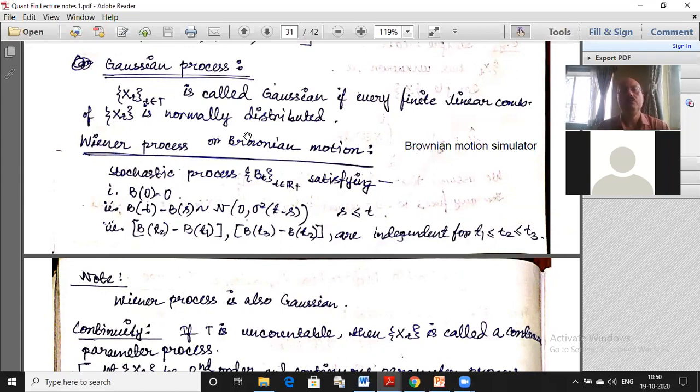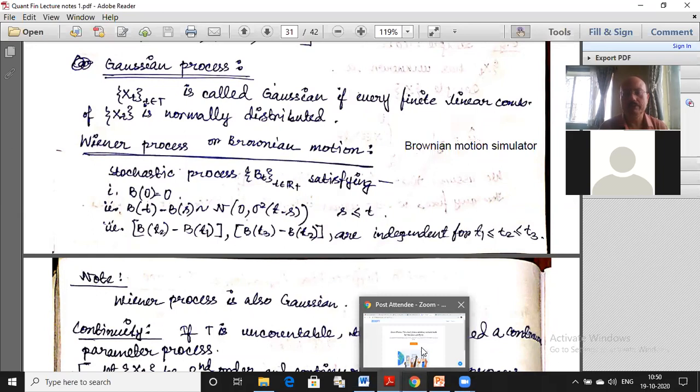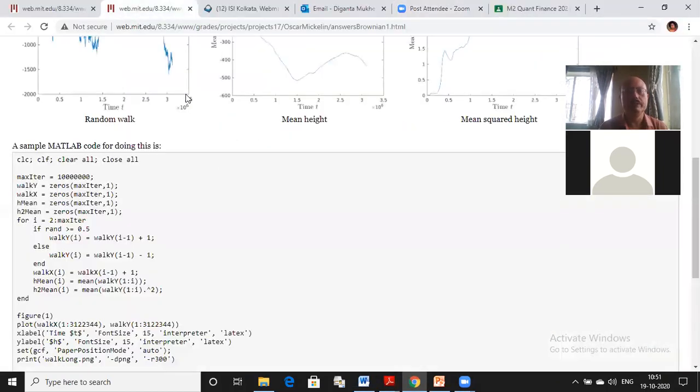We also talk about the Wiener process or Brownian motion in this context, because that is the most celebrated model in this literature. So what is this Wiener process or Brownian motion? This is like a movement of a particle in some medium. So let me show you this website first.